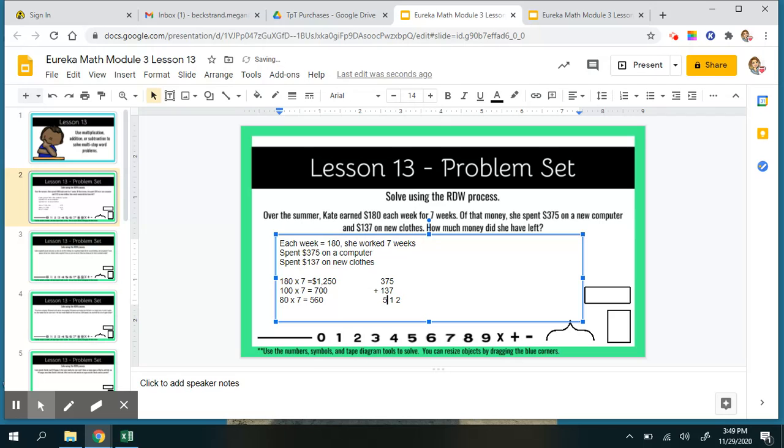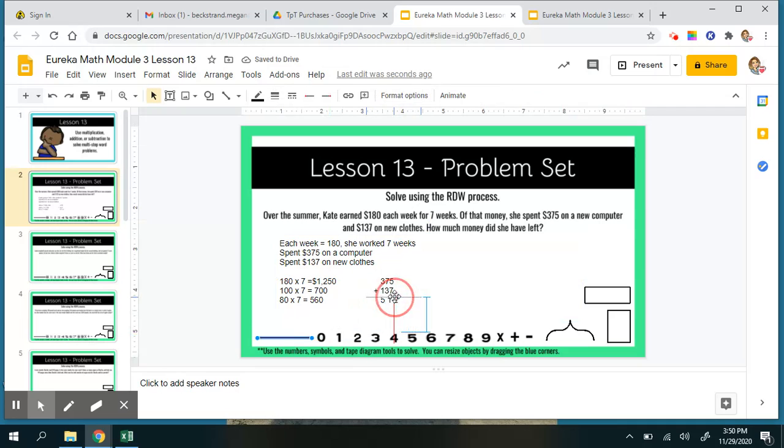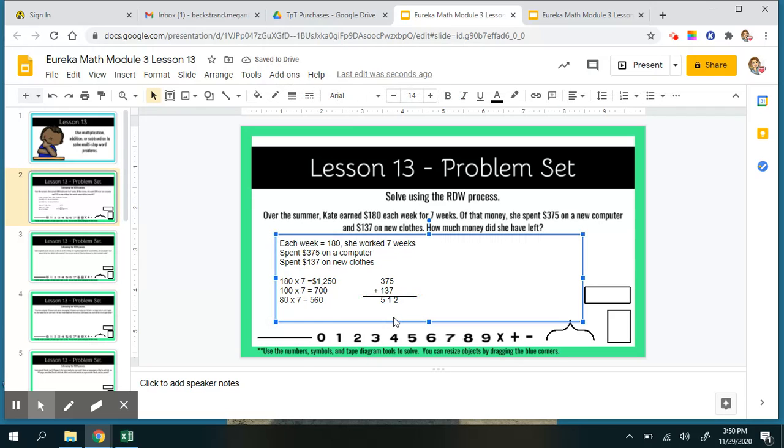So all together, she spent $512. We wanted to bring this up just so you can see my addition problem. 375 plus 137 gives us 512. So that's how much she spent altogether.